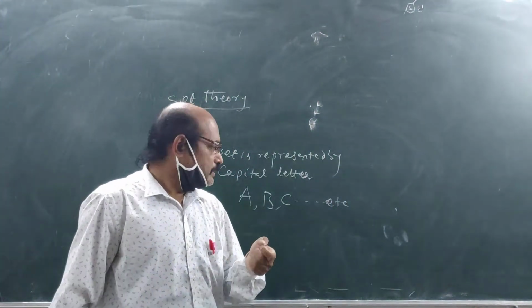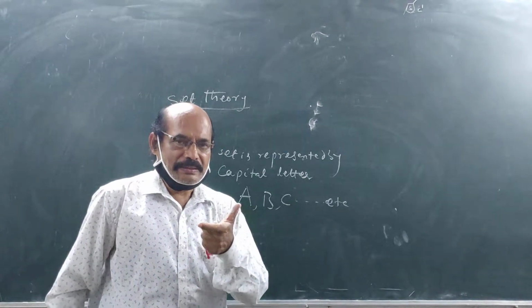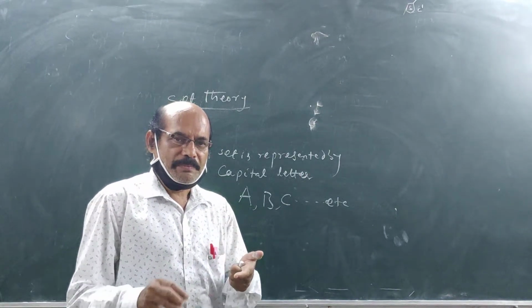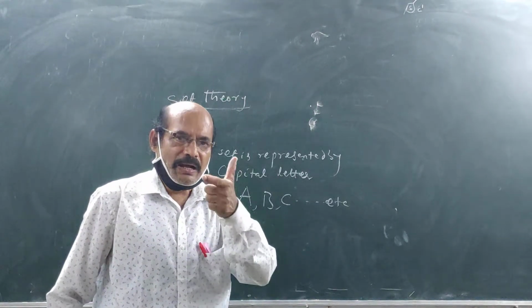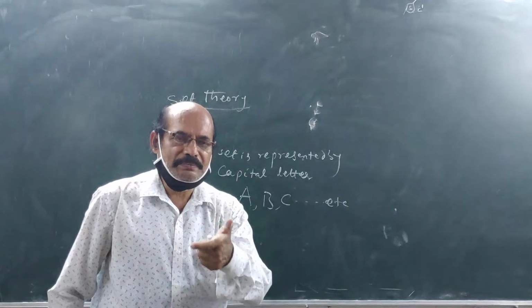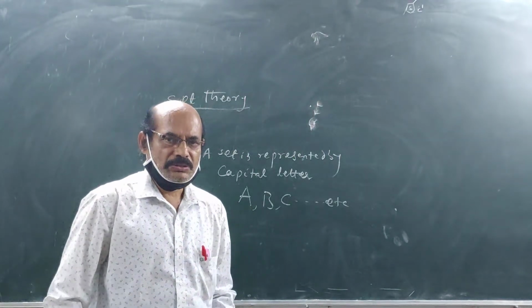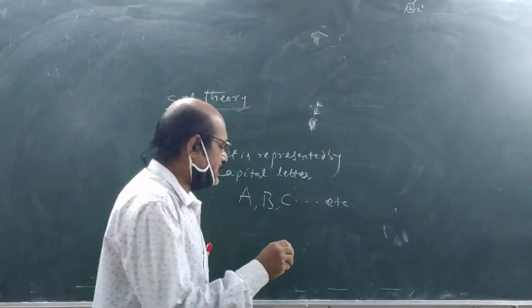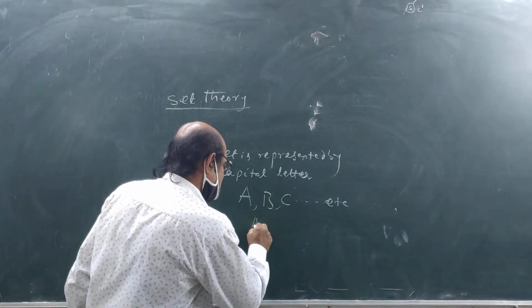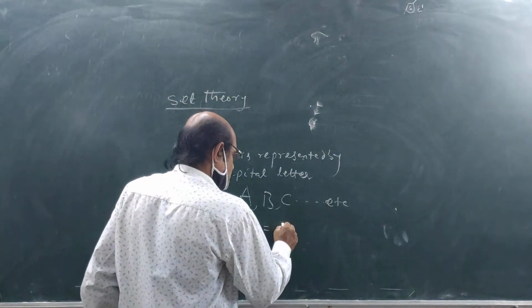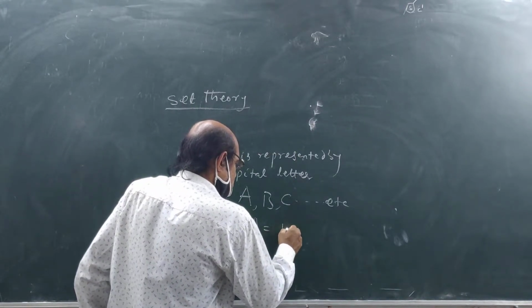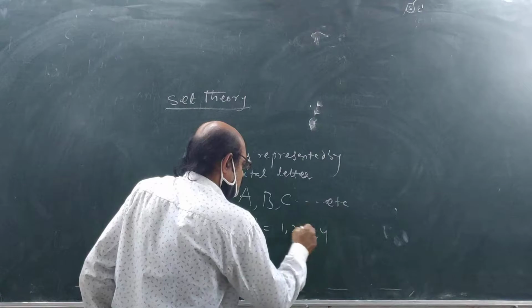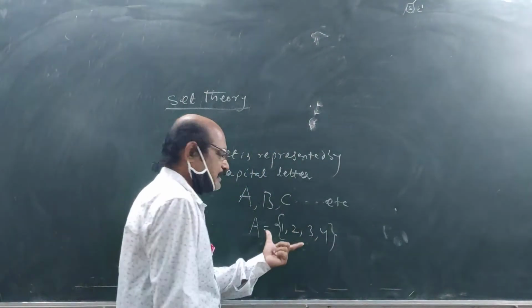Again, the set can be written by taking some elements. The objects that we take to form a set are known as elements. For example, I am writing a set: I am representing it by capital A is equal to 1, 2, 3, 4. So this is a set.